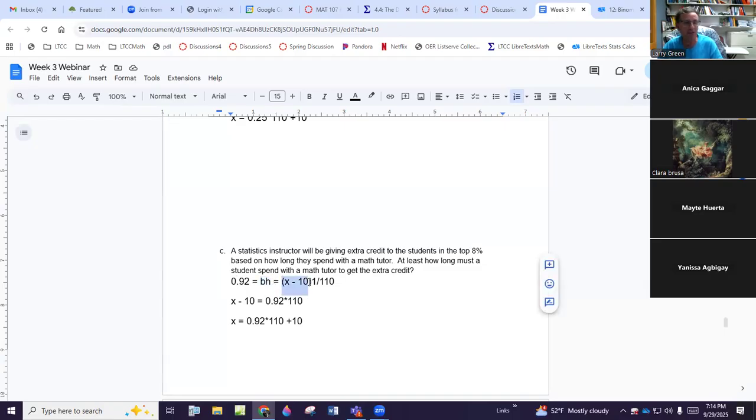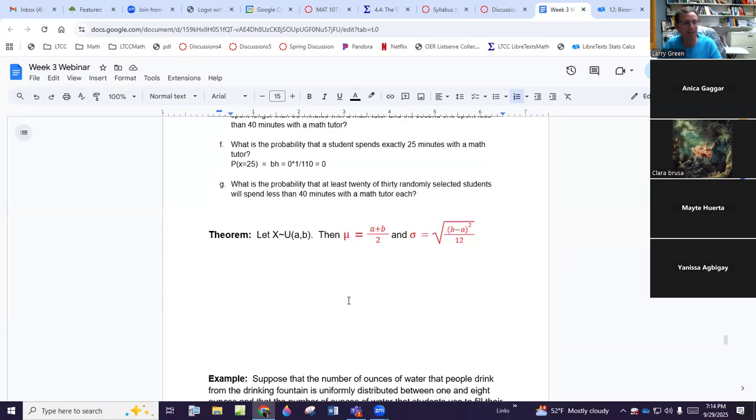The base was x minus 10. The height was 1 over 110. I made it this way so it looks just like the quartile question. And then we just do exactly the same thing. We multiply both sides by 110, and you get x minus 10 equals 0.92 times 110, or x equals 0.92 times 110 plus 10.